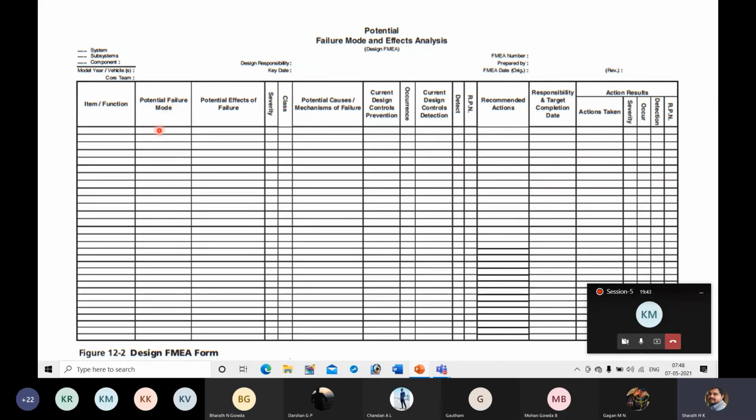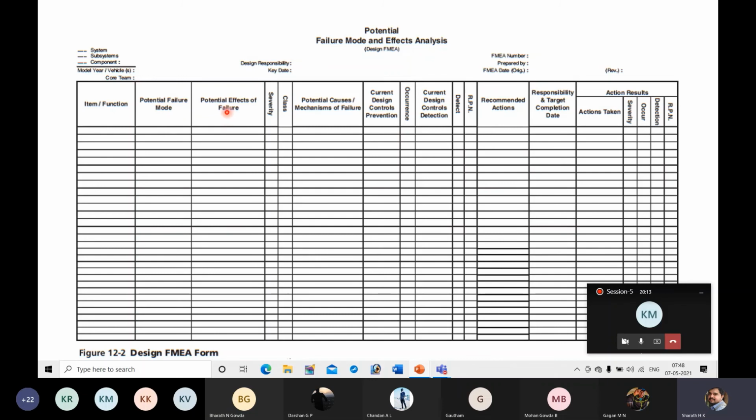Then the potential failure mode: why it is failing, or what is the mode of failure. In the case of an automobile, if you consider the product as an automobile and the function as the IC engine, that means energy conversion as the function, then the potential failure mode may be leakage of oil or leakage of fuel.